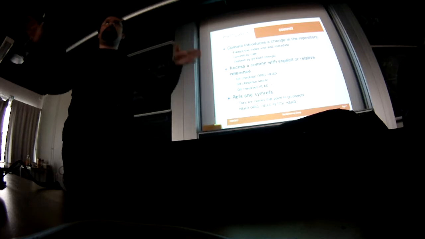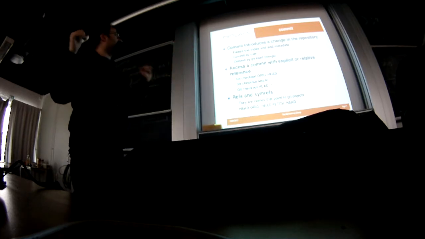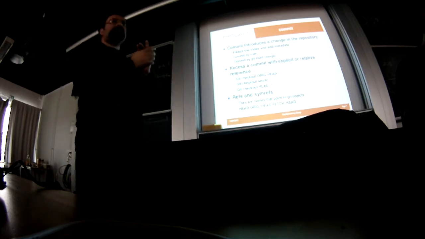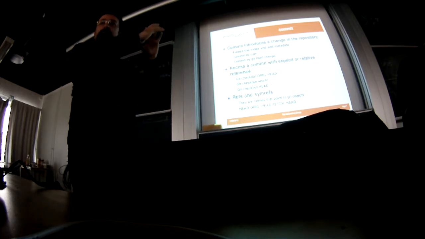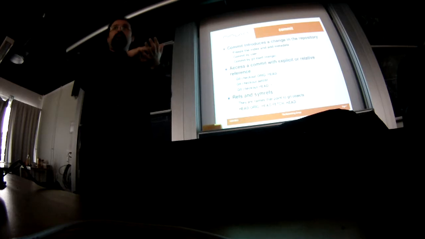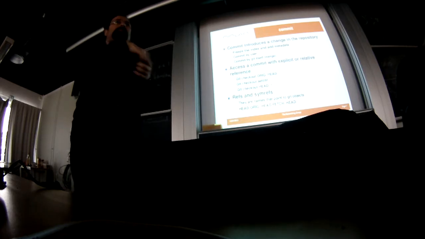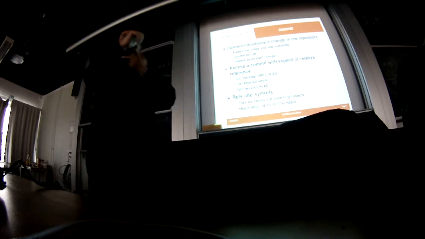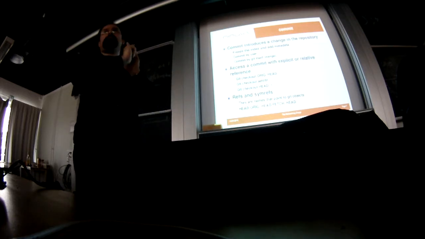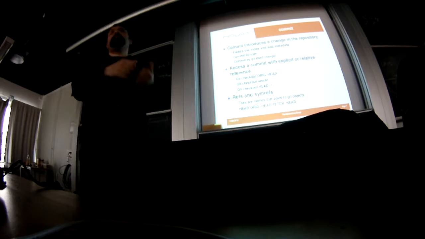I have this situation in the index, and when I do git commit, I freeze the index, and I attach to this tree a commit object, that is a pointer to this version of the index. It brings with it a timestamp, the author of the commit, and some other metadata like the previous commit that I'm linked to.